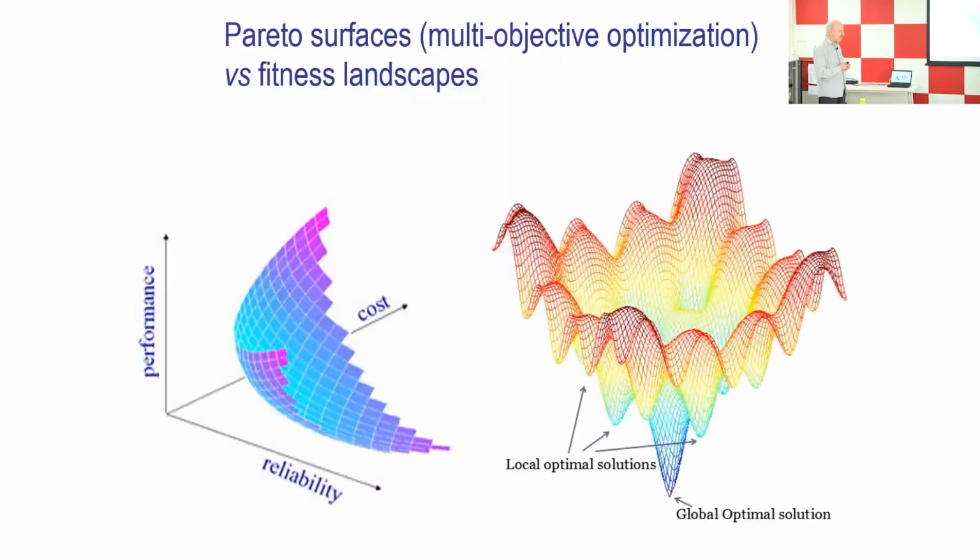Okay, so engineers and mathematicians for a long time have played with this concept of Pareto surfaces that have to do with multi-objective optimization. And in biology, there is a direct connection between the mathematical concept of Pareto surfaces and what is called fitness landscapes.